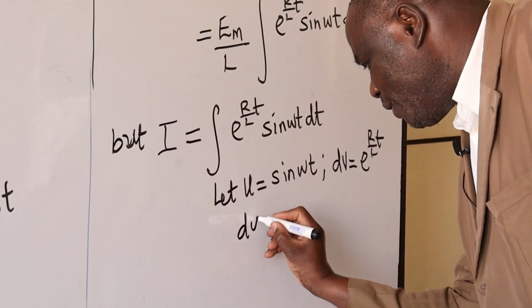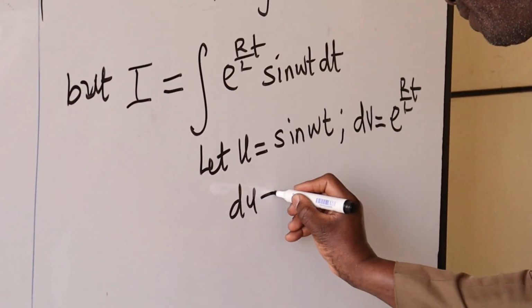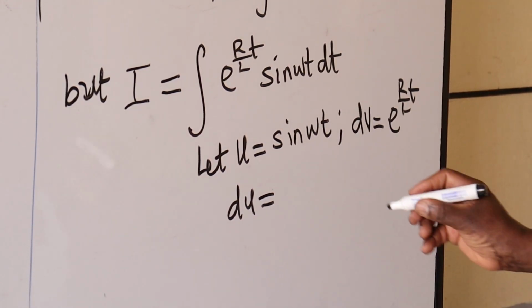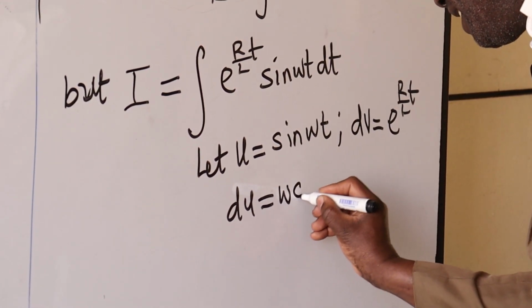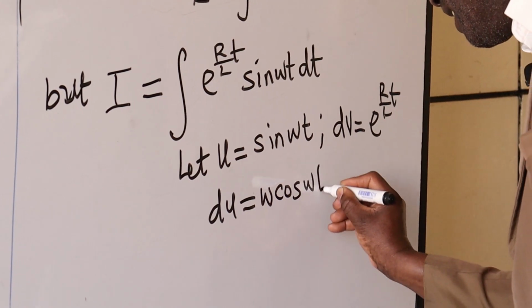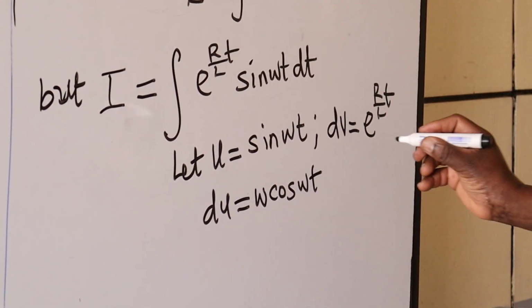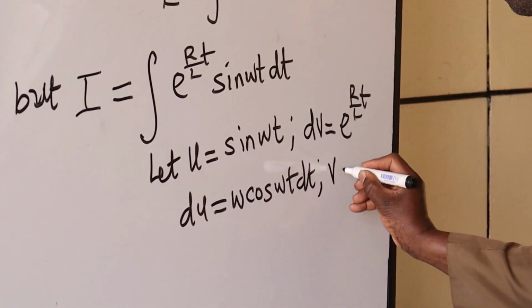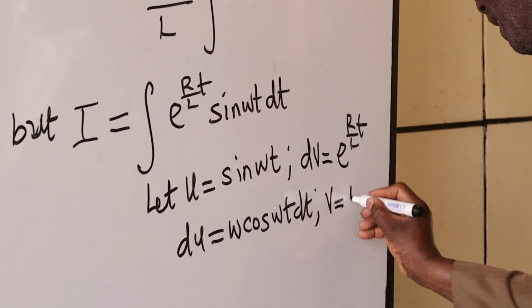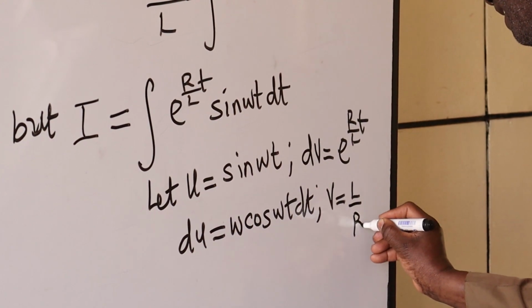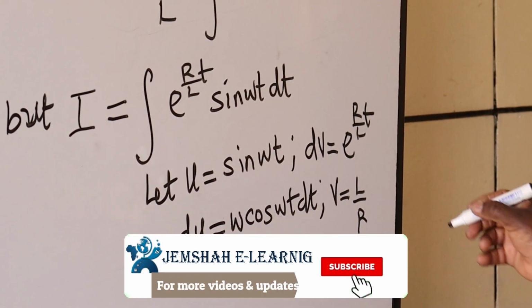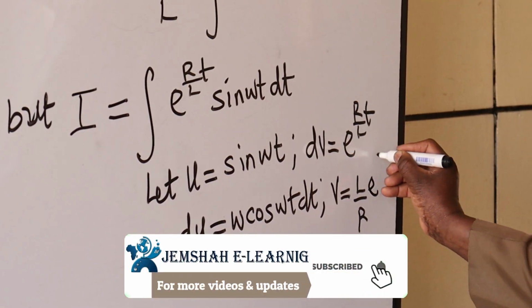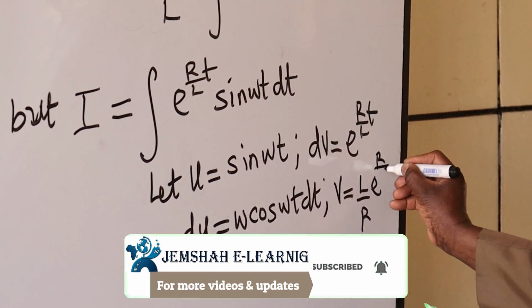So du will be equal to omega cos omega t dt, and v will be equal to L over R exponential (R/L)t.